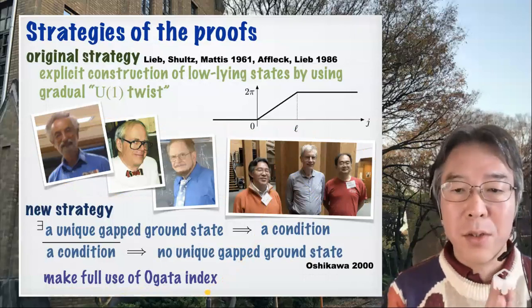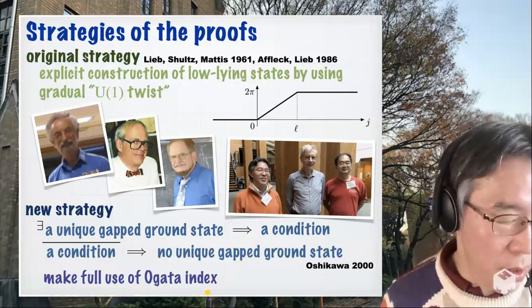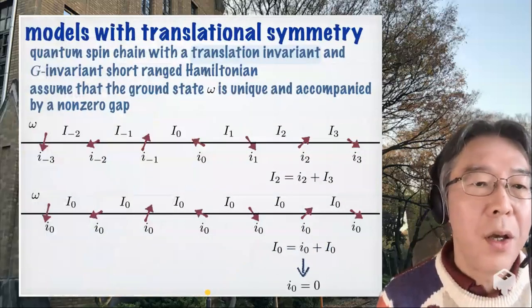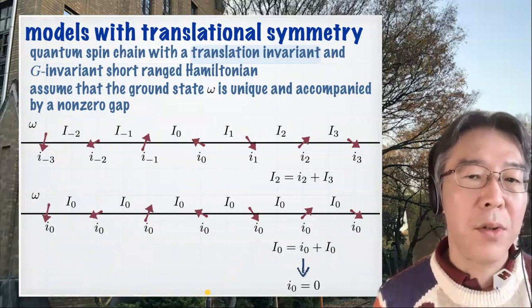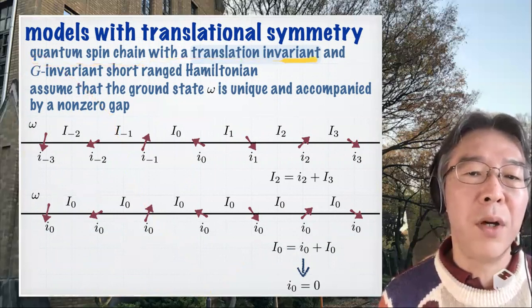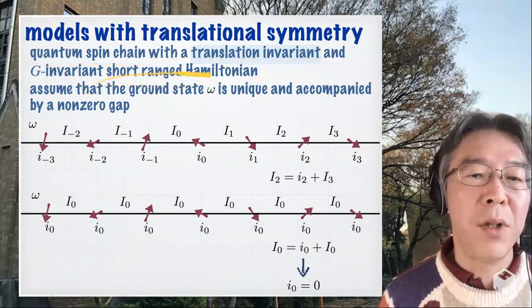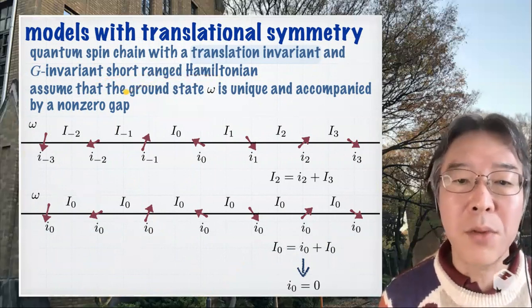Okay, so let's start proving new theorems by using the Ogata index. I start with models with translation invariance. Consider a quantum spin chain with translation invariance and a G-invariant short-range Hamiltonian. We assume that the model has a unique gapped ground state omega.